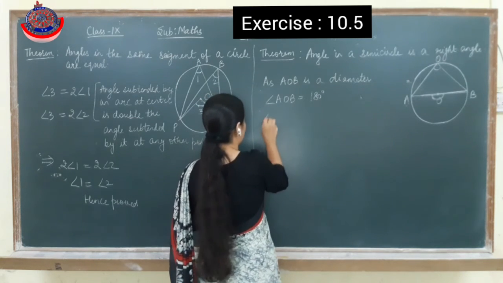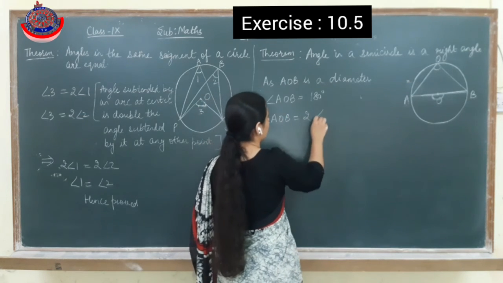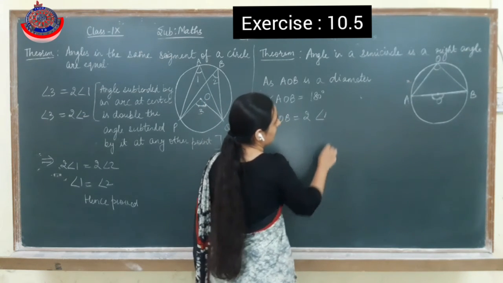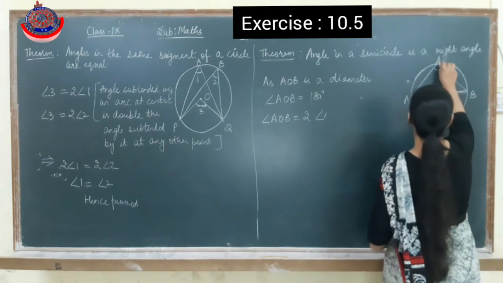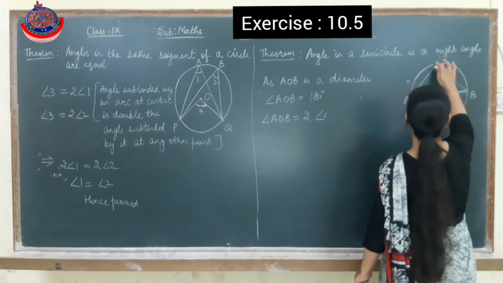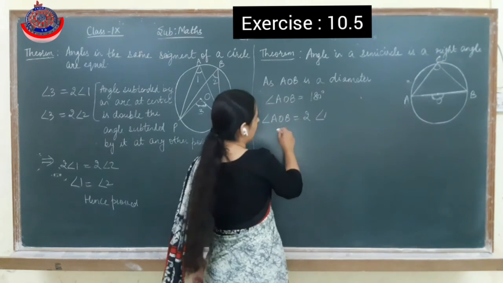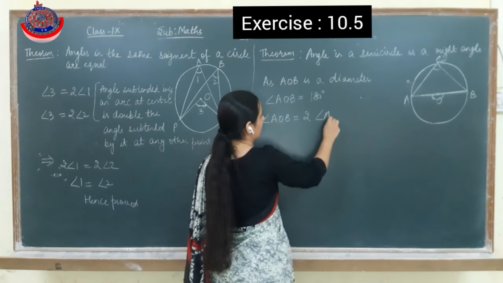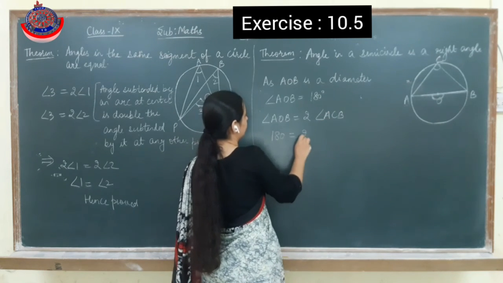And I know that angle AOB is twice of angle, A I have already taken, let us take it as C. So that means angle AOB will be twice of angle ACB, and we know that this is 180.